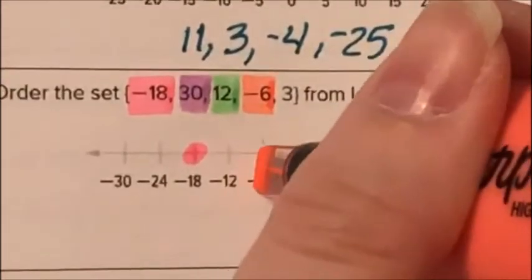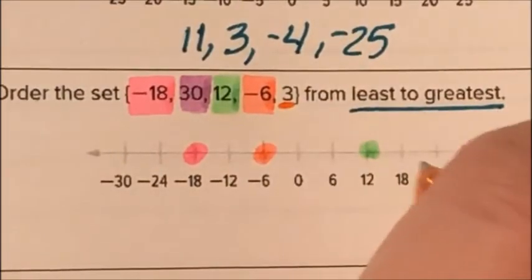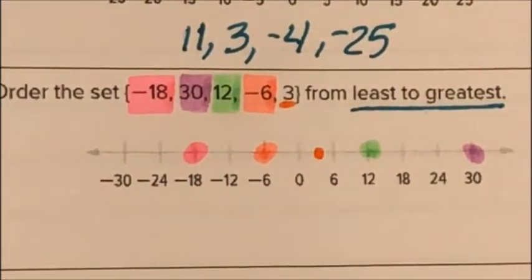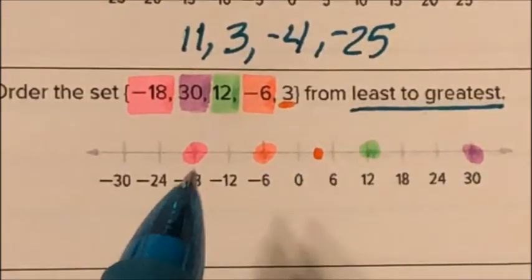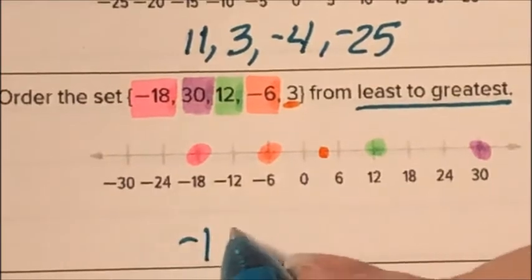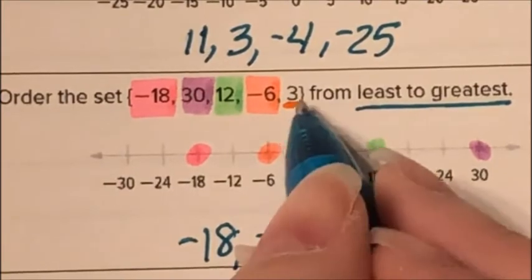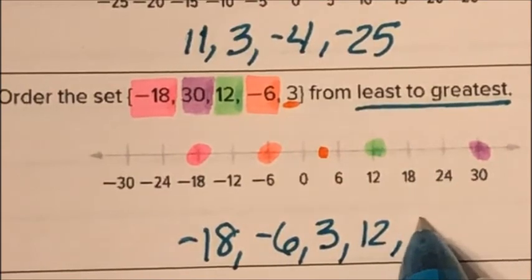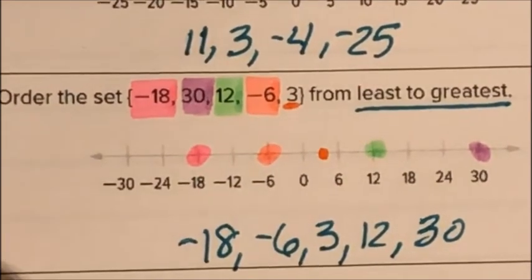Negative 6, and then 3. Okay, so there's all my numbers. So my smallest is negative 18, and then it's negative 6, and then it's 3, and then the green, which is 12, and the purple, which is 30. So from least to greatest. And that is the end of lesson 3.